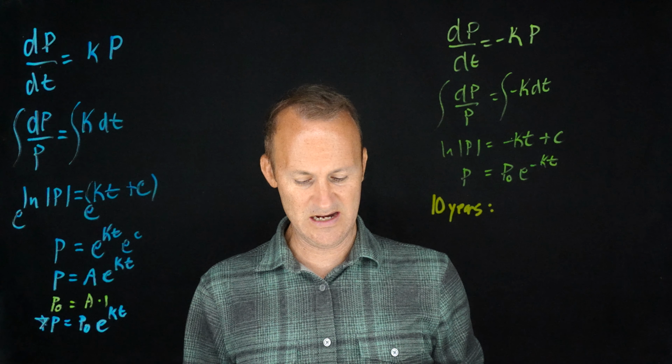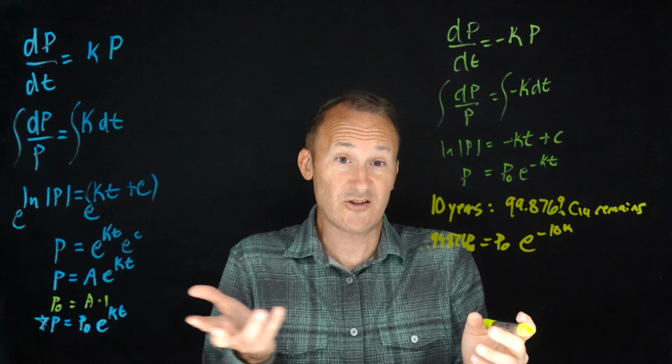We have this P naught here, and if 99.876 percent of it remains, that's what you have here. It's a percentage, so you'd have a decimal point there. When you put that as a decimal, it's 0.99876 P naught, because that's how much remains of the original.